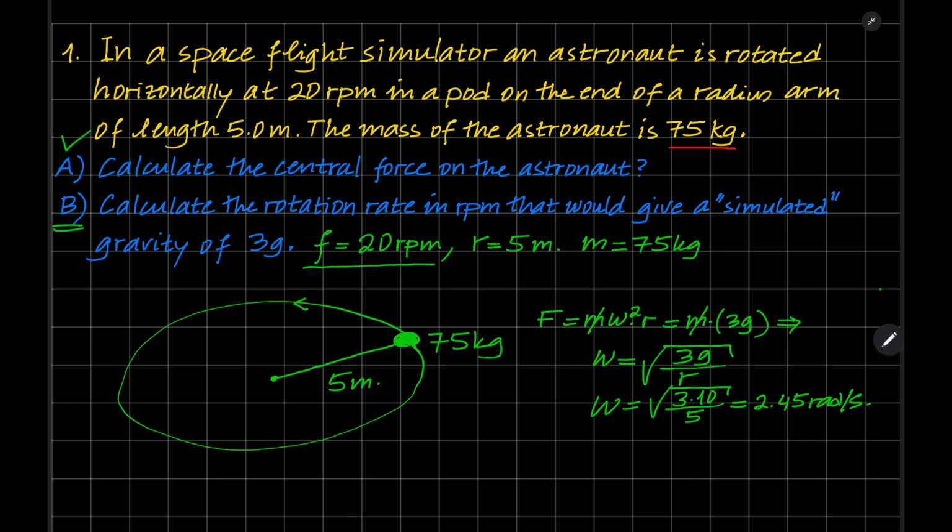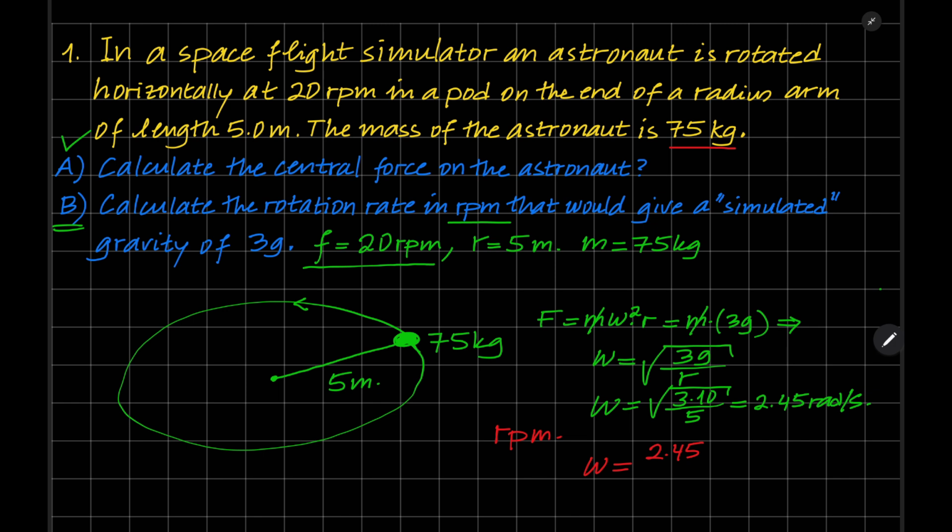radians per second. But the question says, calculate the rotation rate in revolutions per minute. Let me change the color. In revolutions per minute, the angular velocity will be equal to 2.45.